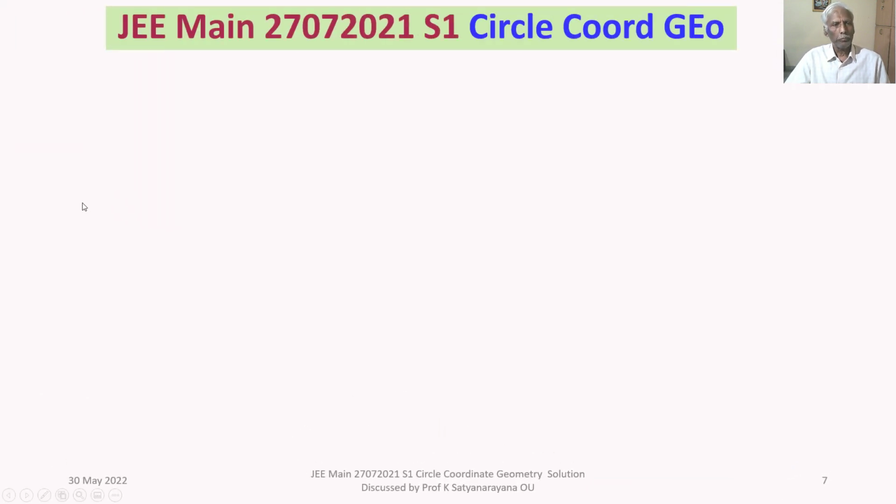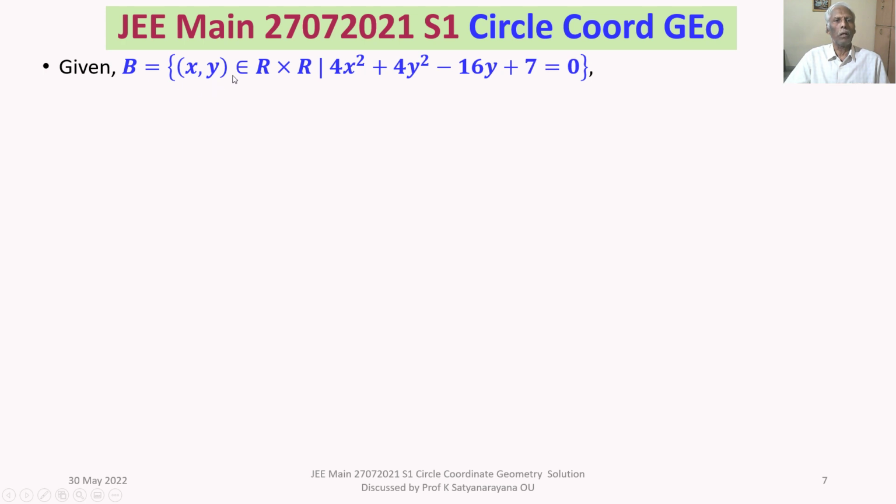Get into the second set. We are given B, the set of all ordered pairs (x, y) belonging to R cross R satisfying 4x² + 4y² − 16y + 7 = 0. Let's take this equation and divide throughout by 4. We get this equation. Now write down as perfect squares and balance the terms.